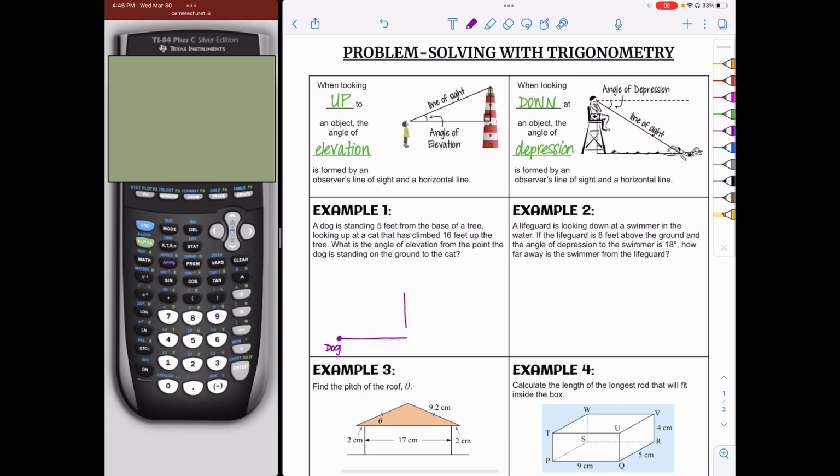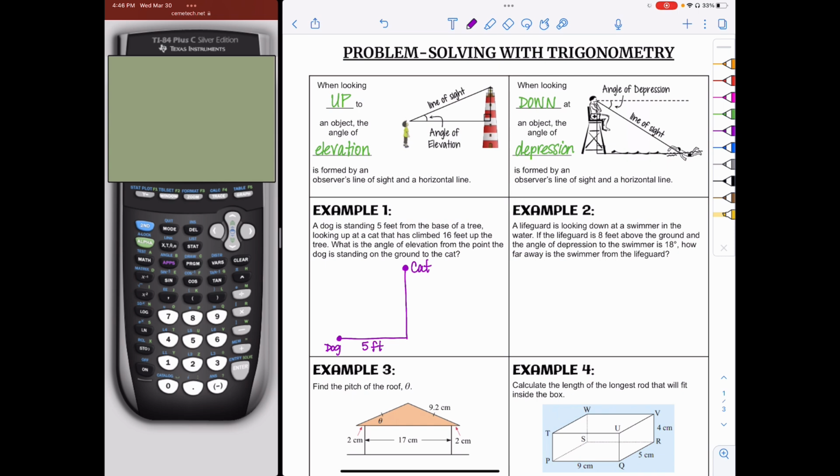So my tree is going to be this vertical line here, and this is going to be 5 feet. It says it's going to be looking up at a cat that has climbed 16 feet up the tree. So because the cat has climbed 16 feet up the tree, I know that the cat is going to be up here.